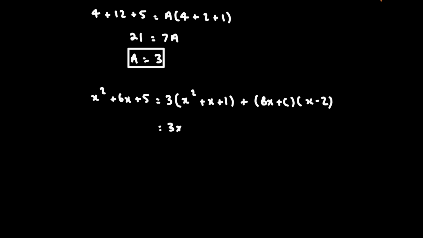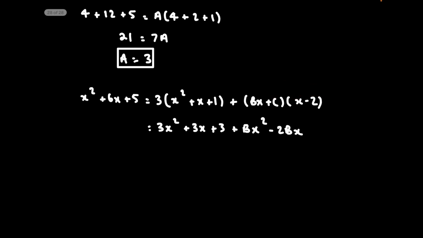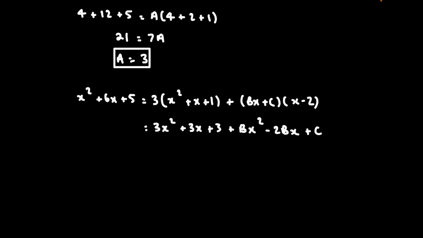So I have 3x squared plus 3x plus 3, plus I can do my FOIL expanding. So this times this plus this times this, which equals bx times x, which is bx squared, minus 2bx. And then c times x plus c times minus 2, which is cx take 2c.